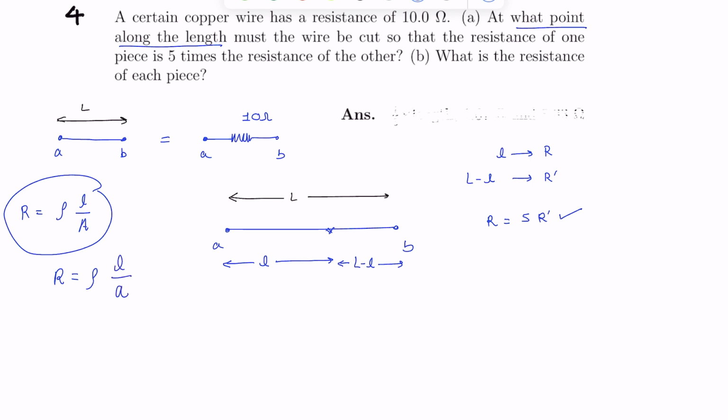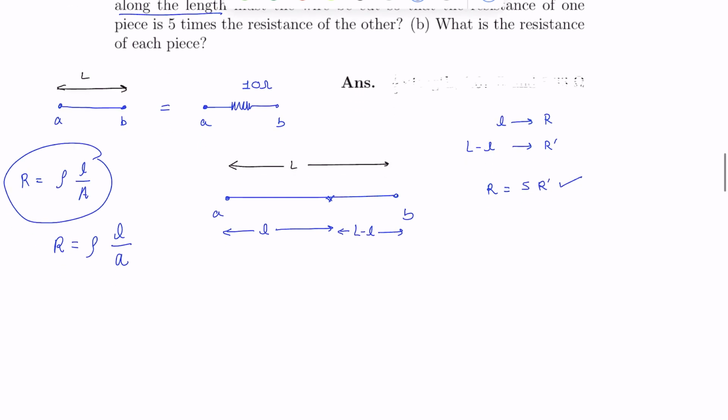For the other piece, of length capital L minus small l, the resistance is R prime. Rho is the same because it's the same wire, made of copper. It's just one piece of that big wire, so it's rho times (L minus l) divided by A.